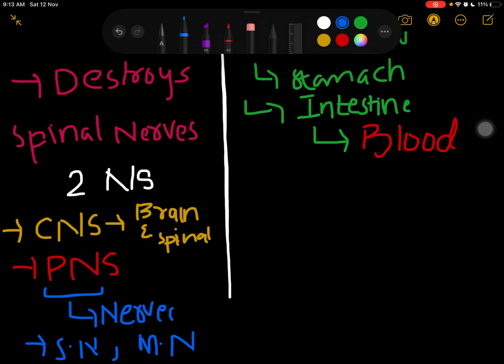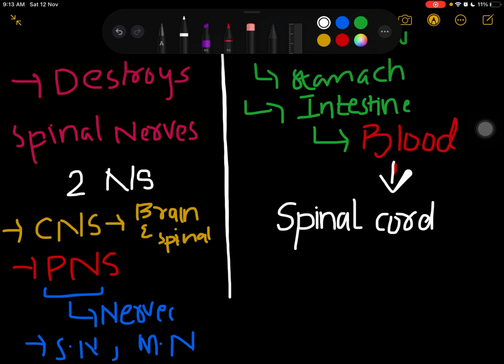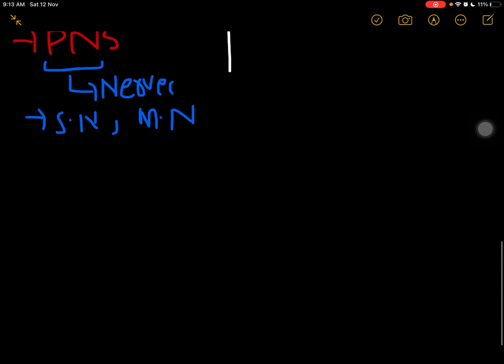So when this virus is absorbed in the blood, it will move to your spinal cord and it will infect your nerves. Basically it will infect your motor nerves.